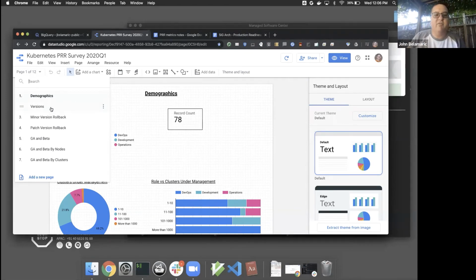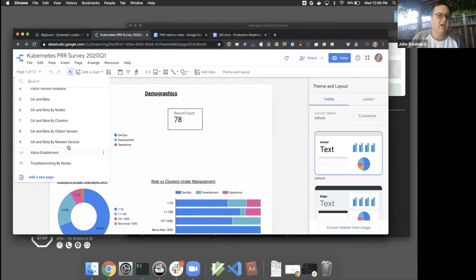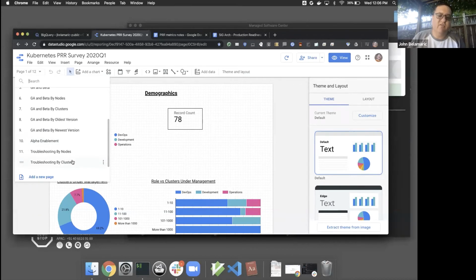Some information about the different versions, minor version and patch version rollback, GA data disablement, alpha enablement, and some discussion of the troubleshooting questions. Those are the have you used events, logs, metrics, how recently. I didn't get to the monitoring tools section, which is another bigger area that we need to explore.